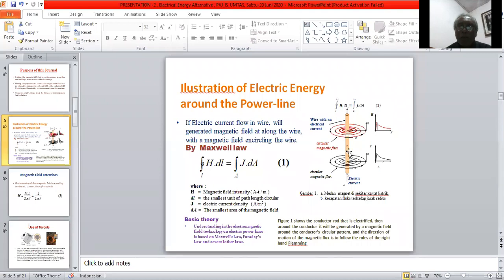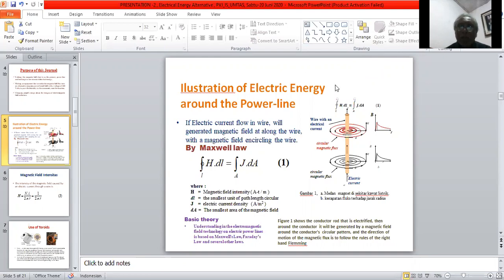By Maxwell law, if electric current flows in a line, it will generate a magnetic field along the wire, with the magnetic field encircling the wire.